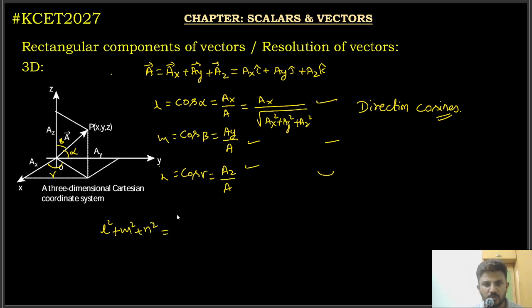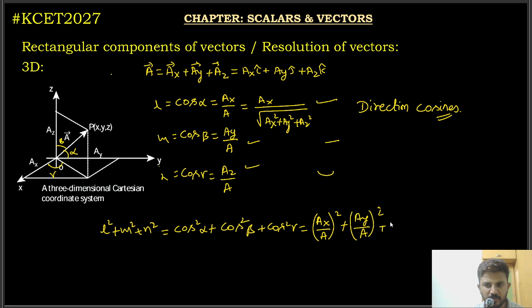This will be equal to cos square alpha plus cos square beta plus cos square gamma, that is equal to (ax by a) whole square plus (ay by a) whole square plus (az by a) whole square.